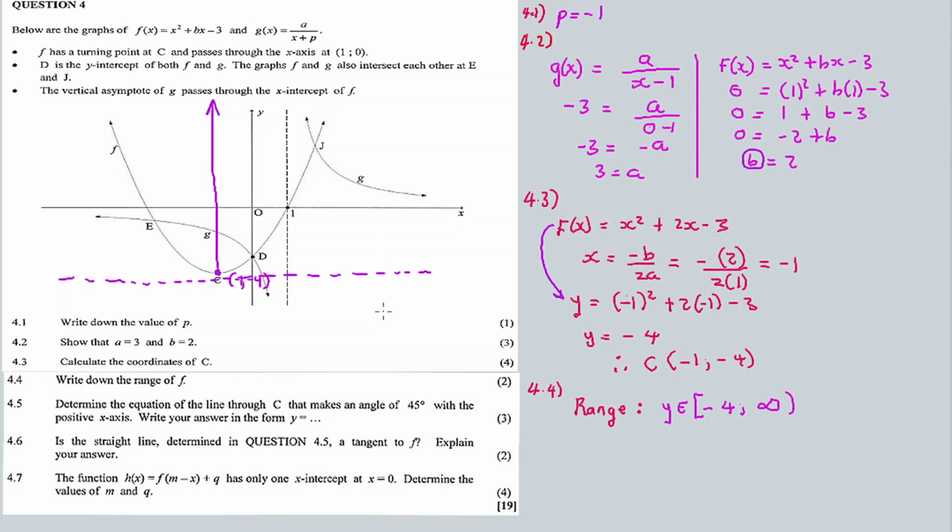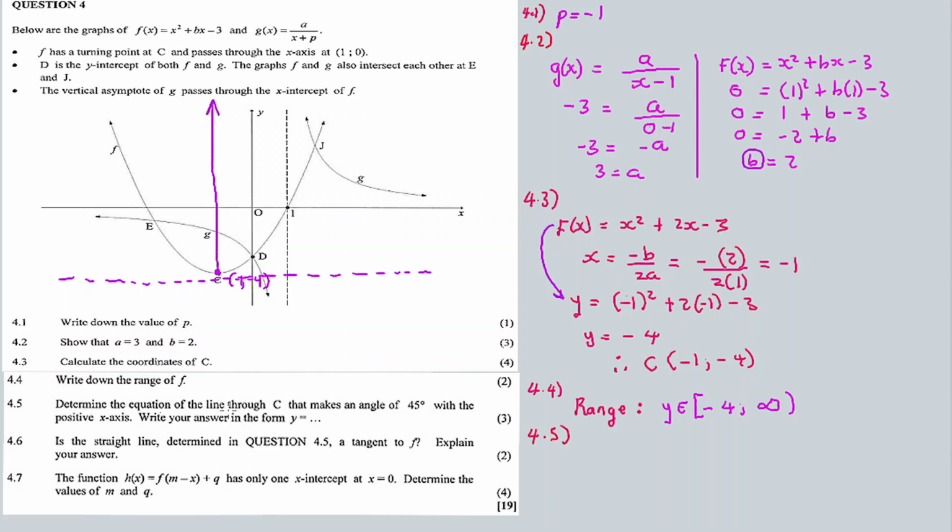If you want the range, you check your y axis. So my graph starts from -4 going all the way up to positive infinity. So the range is y element of -4 included. -4 is part of the graph, all the way up to positive infinity. Infinity is not a number, that's why we exclude it. So this is your range, 4.5.